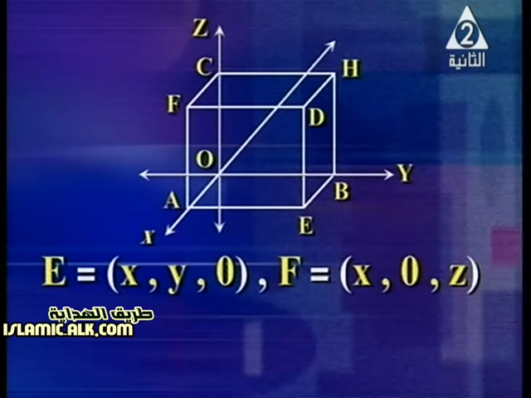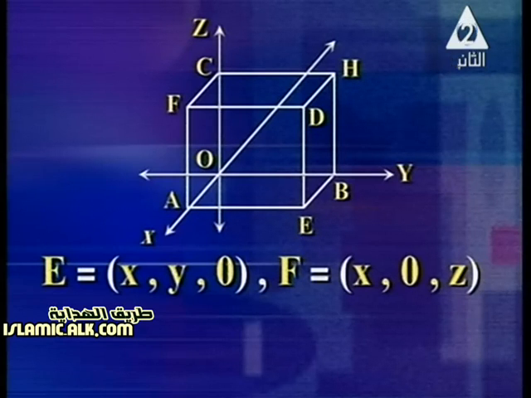Point F lies on the plane XZ. Then F is X, 0, Z. Dear student, look at the point E, which lies in the plane OX and OY.